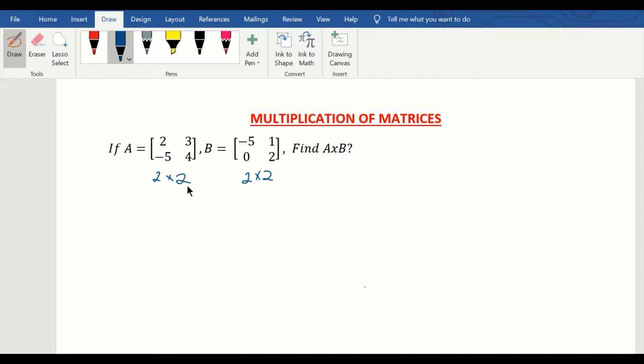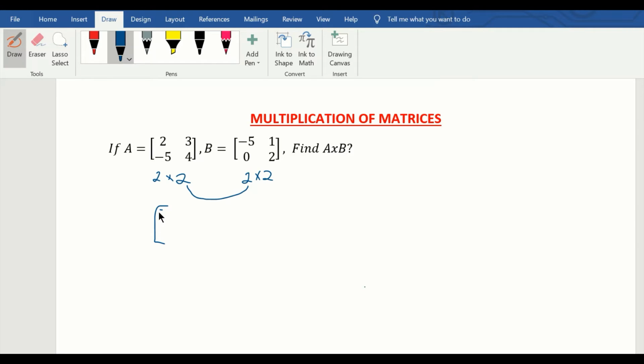So we can multiply matrix A and B. Now let's multiply matrix A by matrix B.